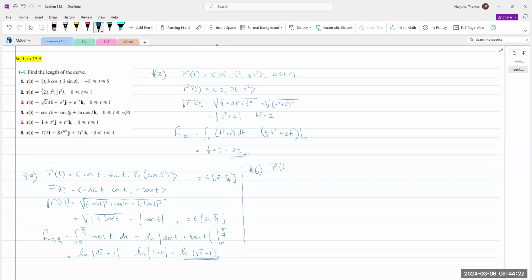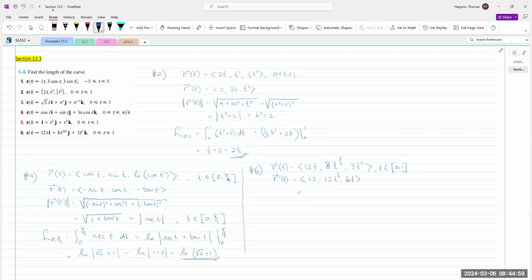Let's see number 6. r(t) is 12t, 8t to the 3 halves, and then 3t squared, 4t from 0 to 1. Okay, so r prime t is 12t, 12t to the 1 half, and then 6t.